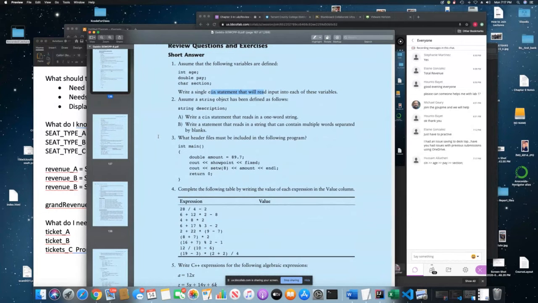Assuming a string object has been defined as follows. Besides Husan, how can you write a single cin statement that reads in a single word into the variable description?